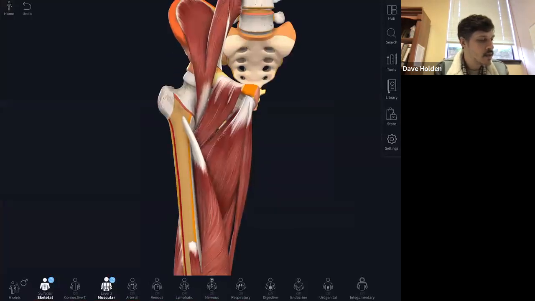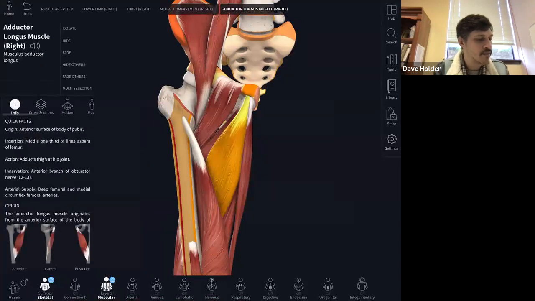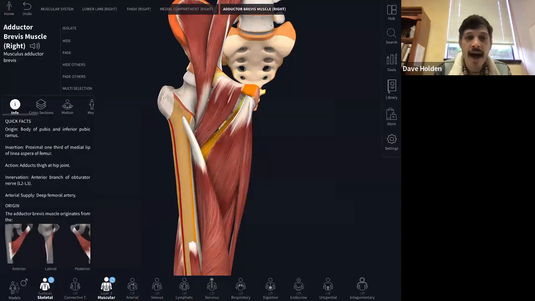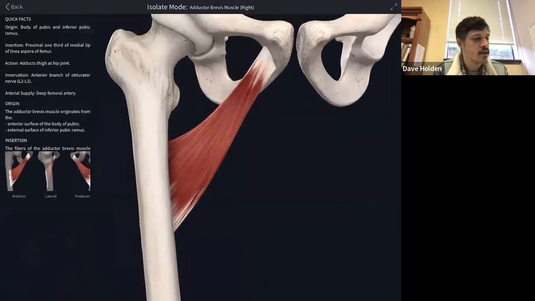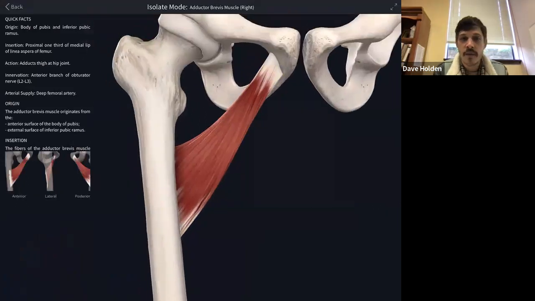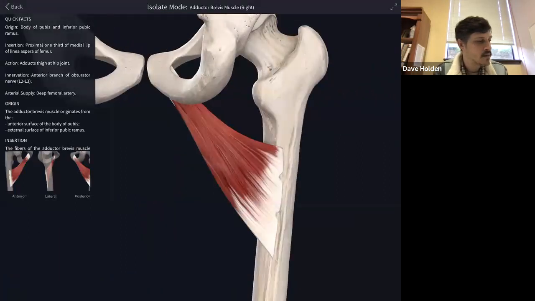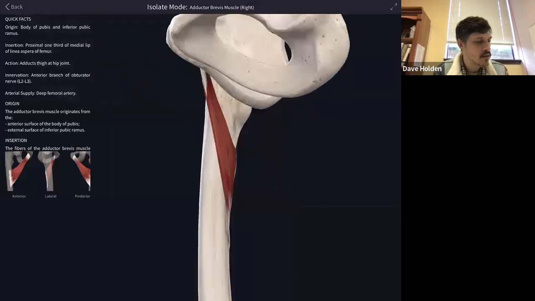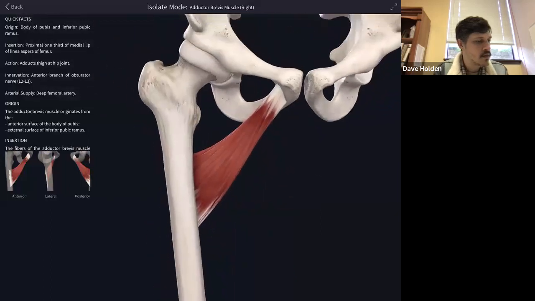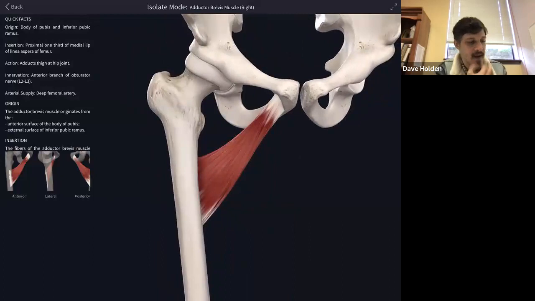Zooming in. This muscle right here in front is the adductor longus. I'm looking for adductor brevis right behind it. Isolate this muscle from the pubic bone to the medial lip of the linea aspera, as well as the pectineal line, which doesn't show up on this app.